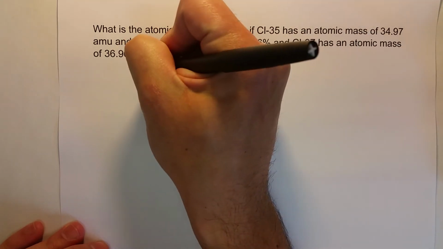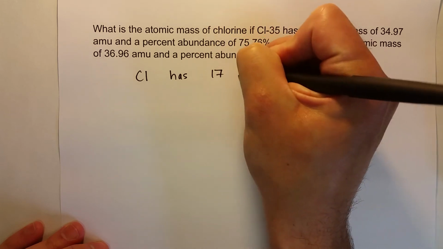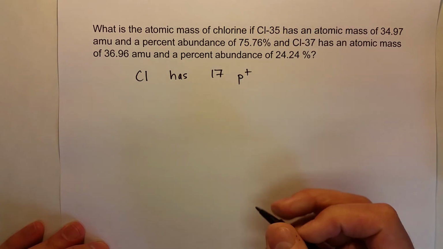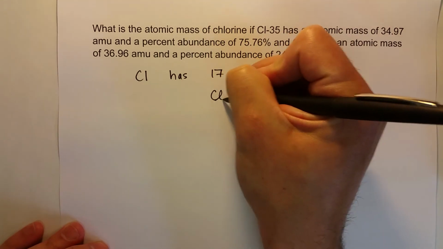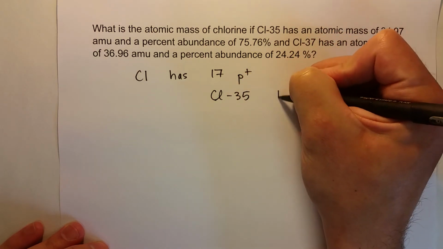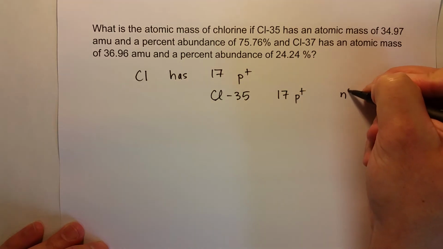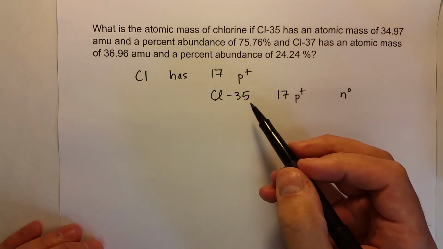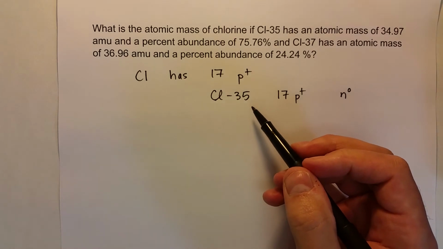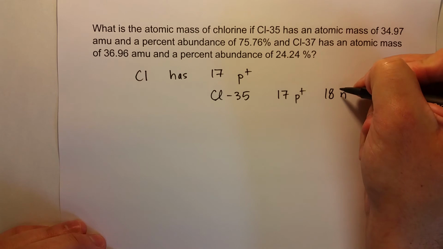Chlorine has 17 protons, and so chlorine-35 has 17 protons, and if we want to figure out how many neutrons it has, we just subtract 35 minus 17, and that comes out to 18.